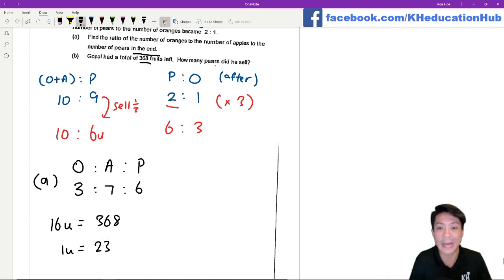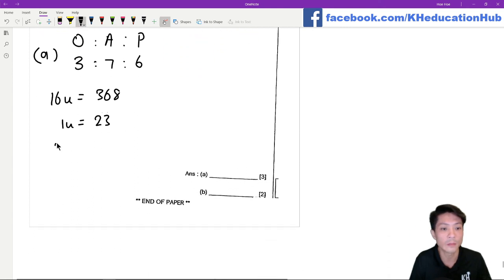They're asking for how many pears did he sell. So remember, he sold 1/3 of it, which is equal to 3 units. So 3 units is equal to 23 times 3, which will give you 69. This is the answer for part B.